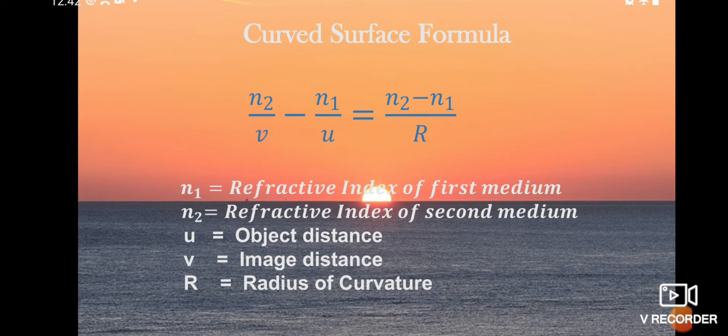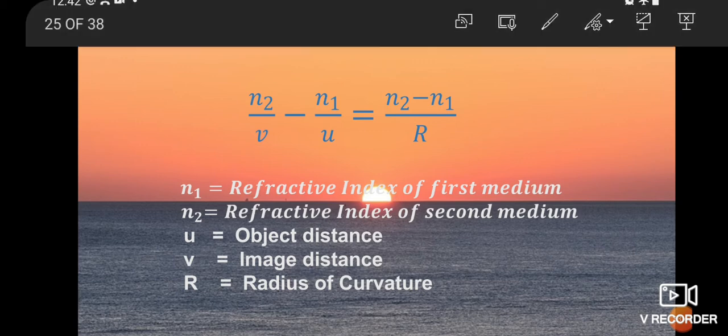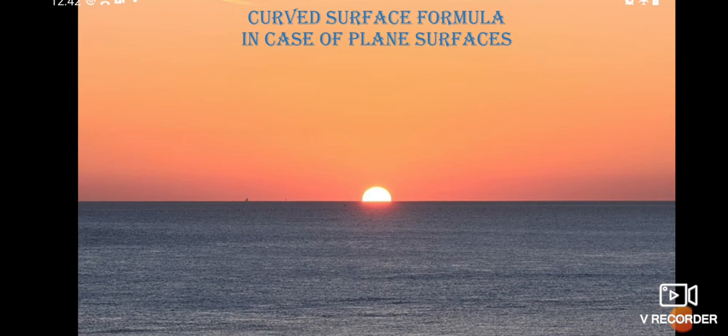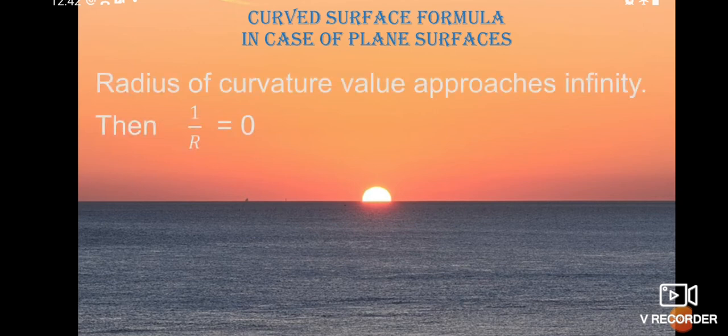And the curved surface formula in the case of a plane surface. In plane surfaces the radius of curvature approaches infinity. Then 1 by R equals 0.